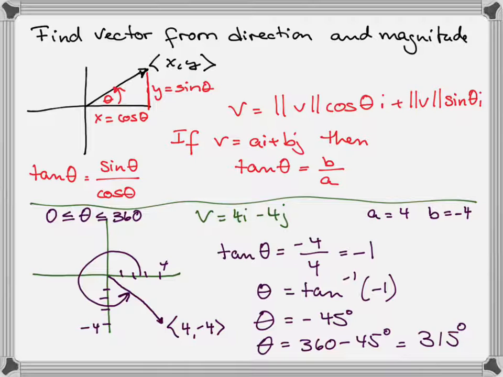Let's take a look at another problem where we have our vector. This is an application. A ball is thrown with an initial speed of 25 miles per hour. So let me draw a picture.